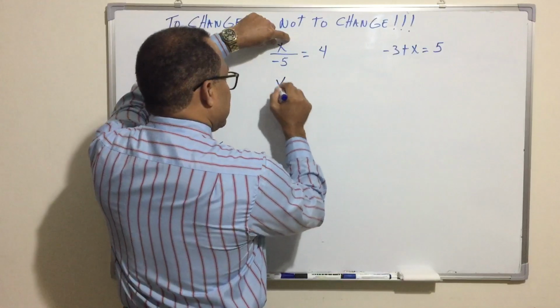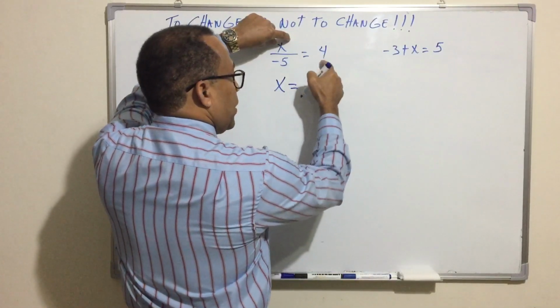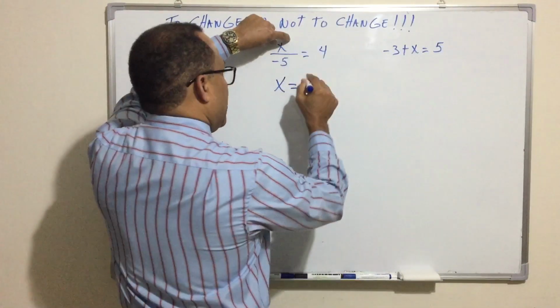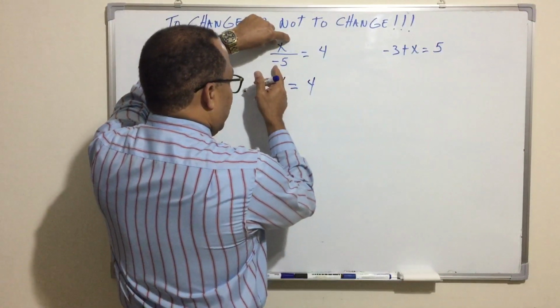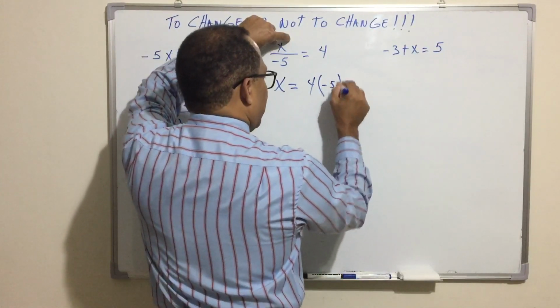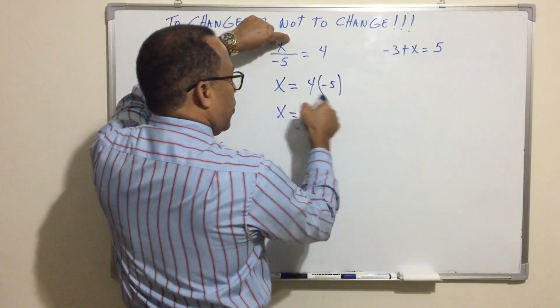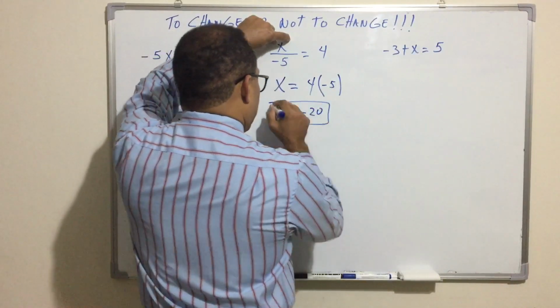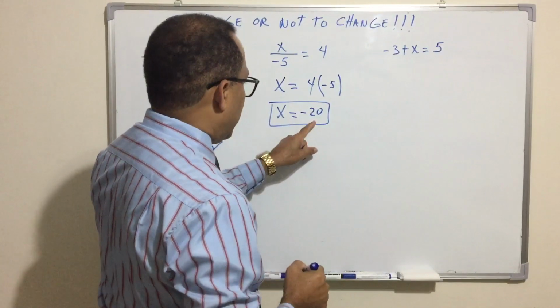So the variable x equals, copy the 4, which is waiting for the negative 5 to go. Bring down the 4, and then dividing on the left, multiplying on the right, times negative 5. X equals 4 times negative 5, which is negative 20. Let's prove negative 20.